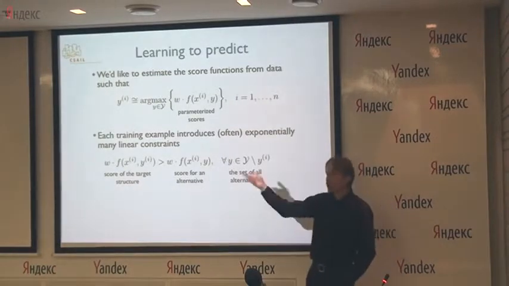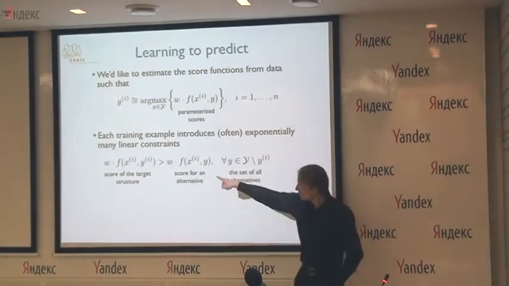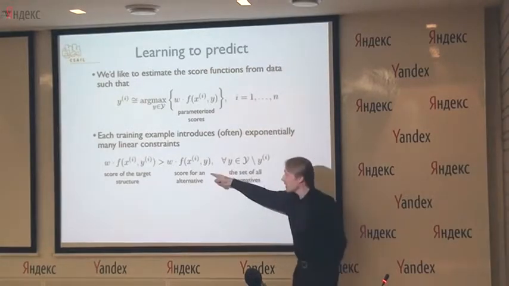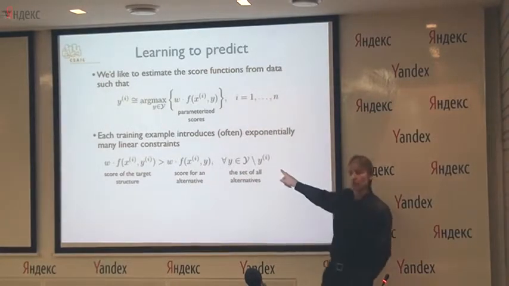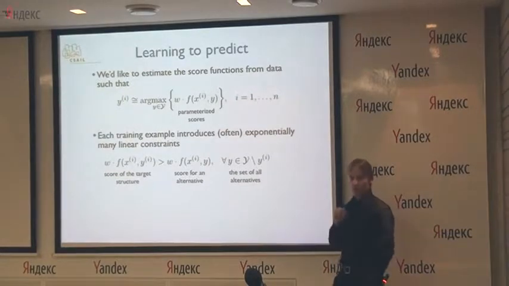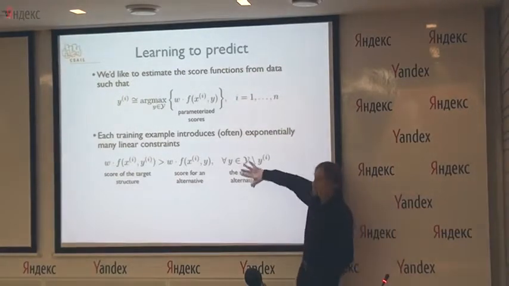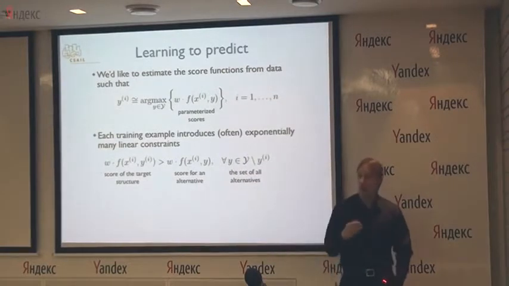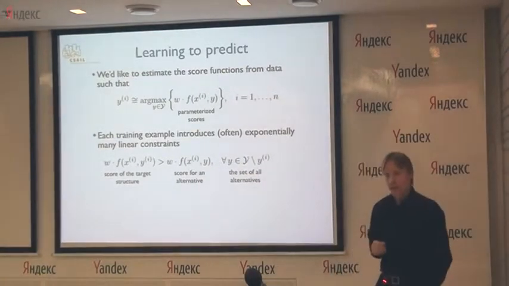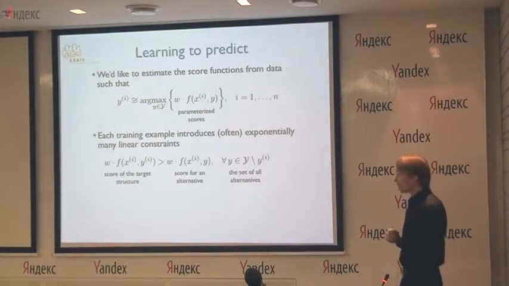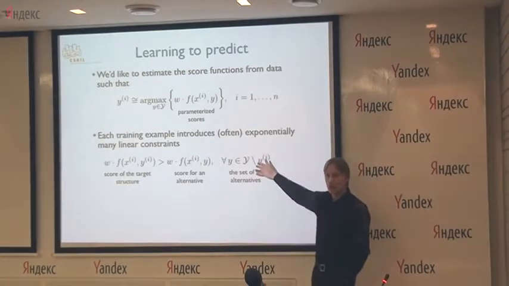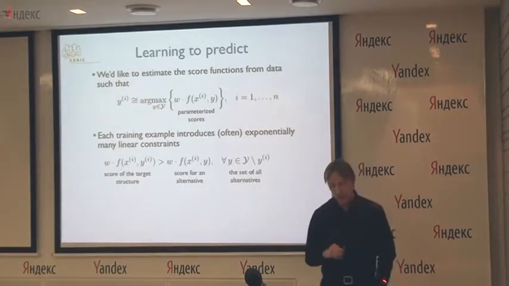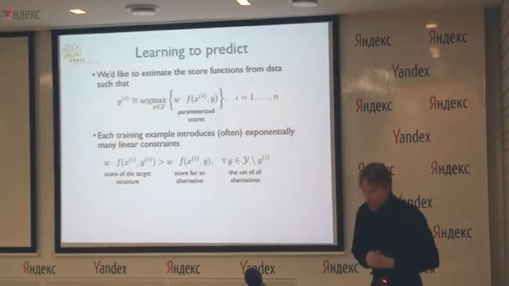Now I would like to adjust the scores so that the score for that pair that was given is higher than the score for any alternative parse. But there is an exponential, even super exponential, number of alternative trees here. So you have a huge number of possible constraints that the parameters would have to satisfy in order to generate a proper mapping.